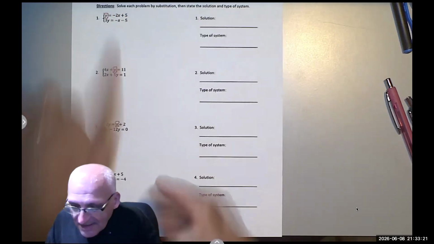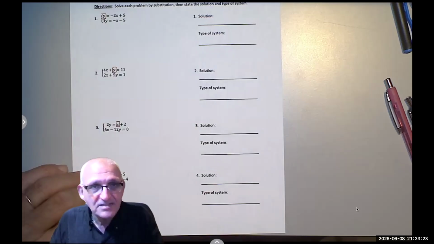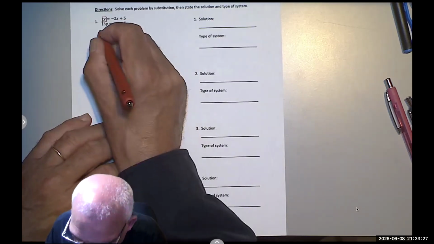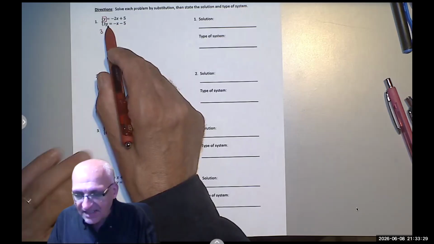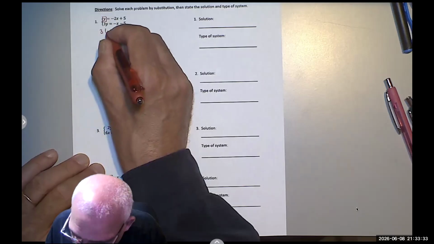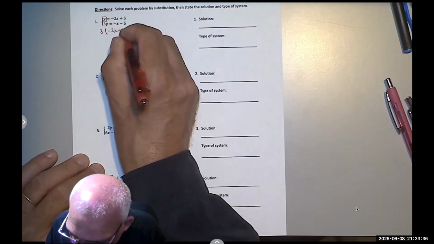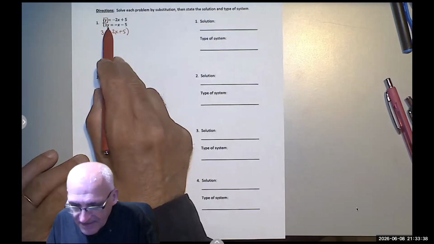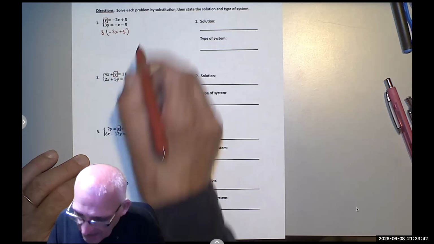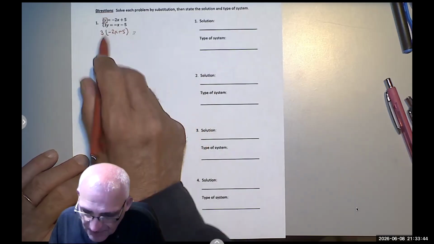So if y equals negative 2x plus 5, I will go to the second equation and say 3 times y. No, I'm going to say 3 times negative 2x plus 5. So I replace the y by what it equals. Notice I'm substituting in the second.